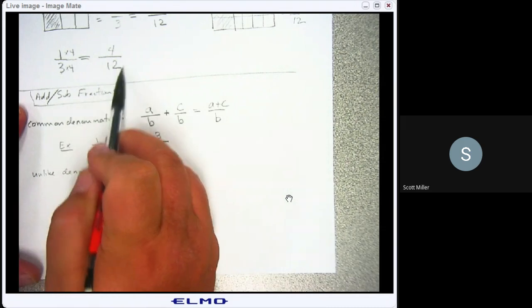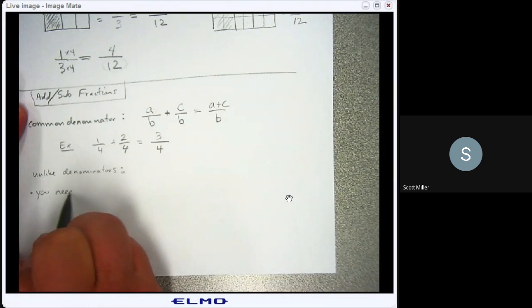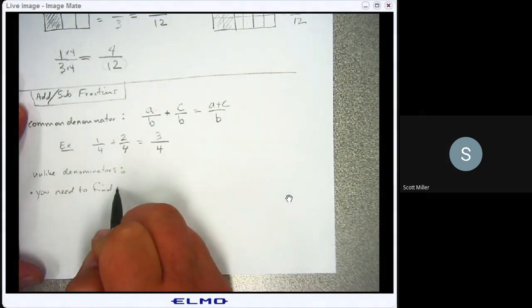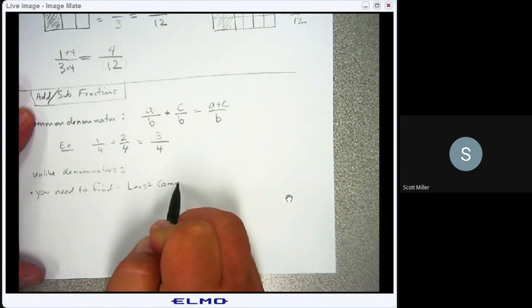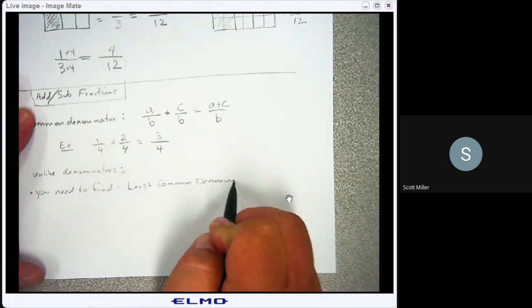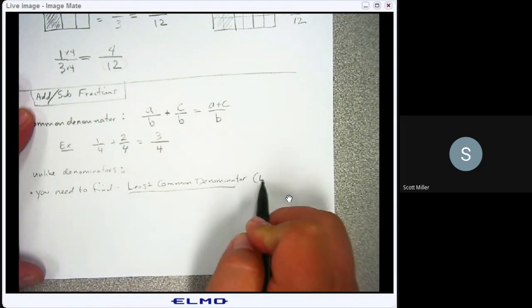And that, since this is a denominator, you want to find what is called the least common denominator. This is what we're looking for, LCD.